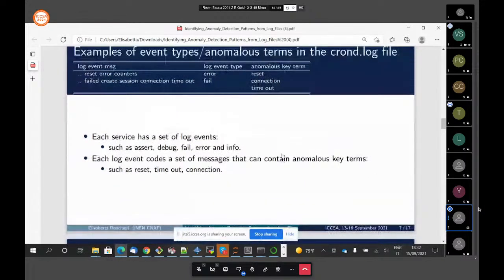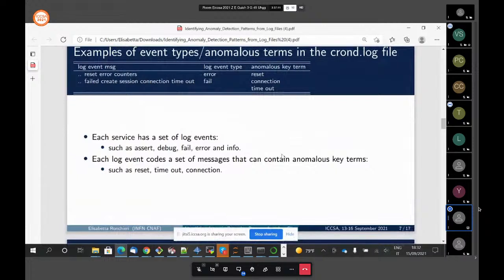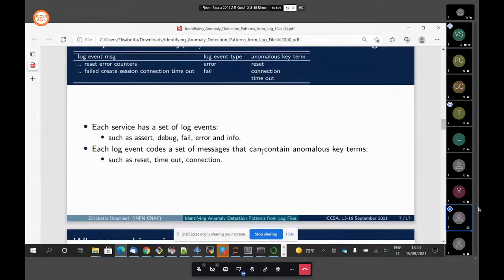For other types of services, it's possible to identify other key terms like abort, alert, and stop, and so on. We are collecting all these key terms for all the log files that we have available at the data center.